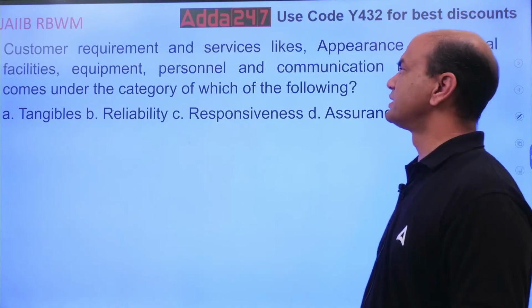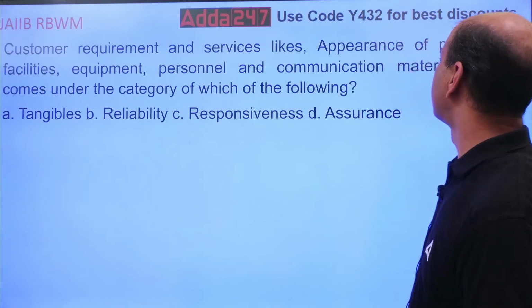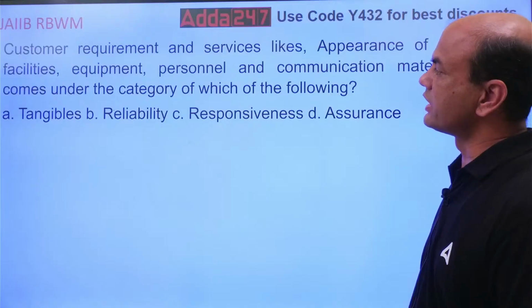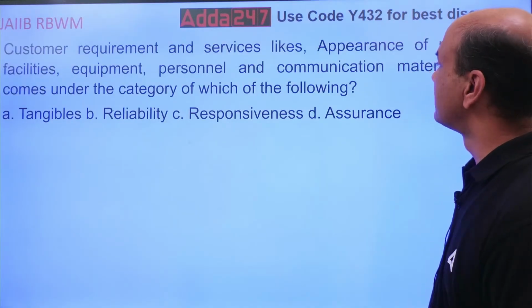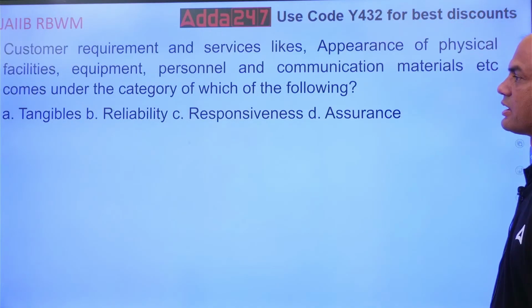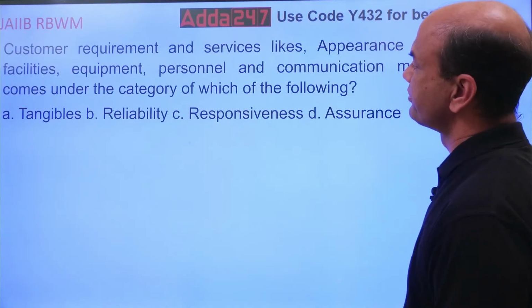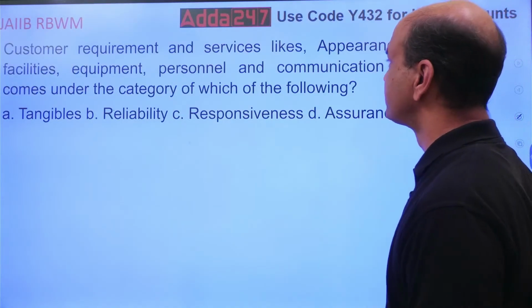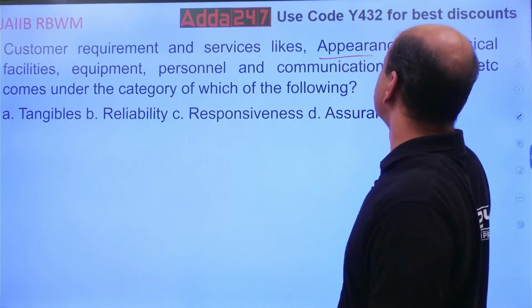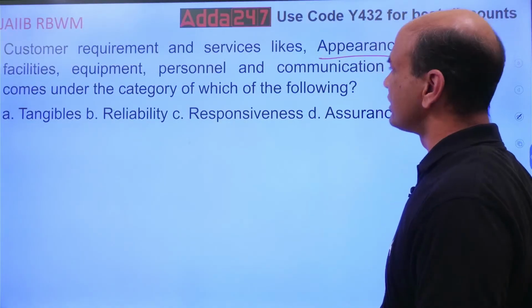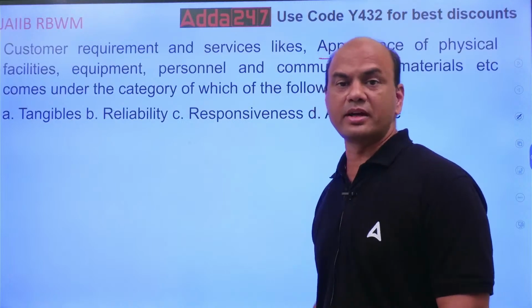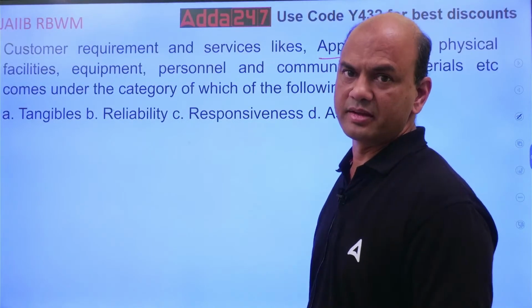Customer requirements and services like appearance of physical facilities, equipment, personnel and communication materials, etc. come under the category of which of the following? So appearance. Now what is all this? This is related to your marketing, branding.